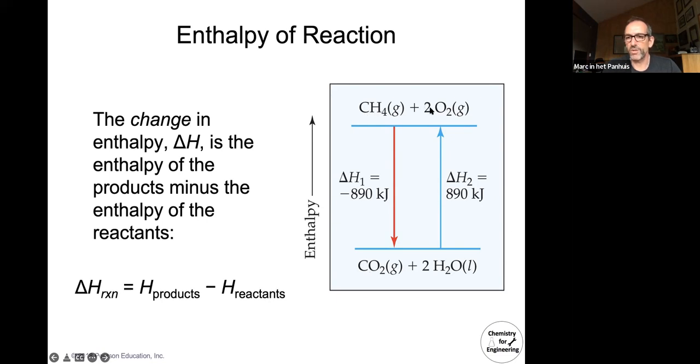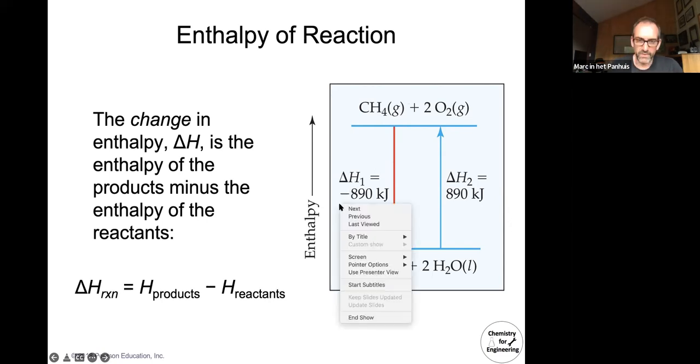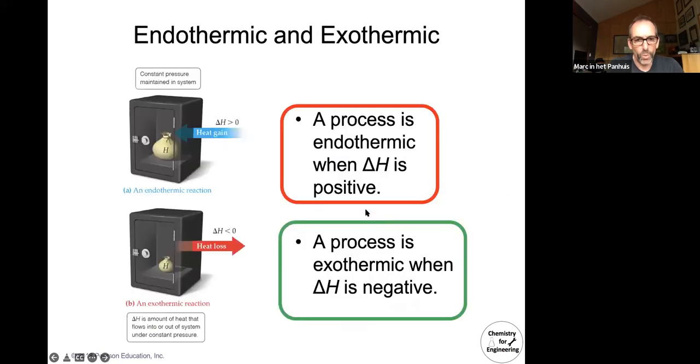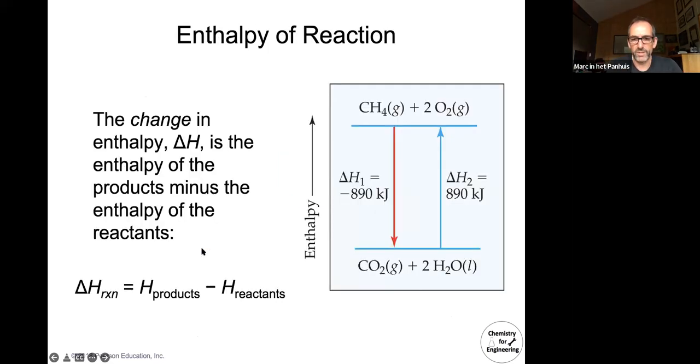CH4 gas plus oxygen, which is balanced, gives us carbon dioxide plus 2 water molecules. So we know that if we burn this, we release heat because it's a burning reaction. So we have energy loss. If I go back one slide, you will see we have a heat loss. So heat is coming out when we do this.